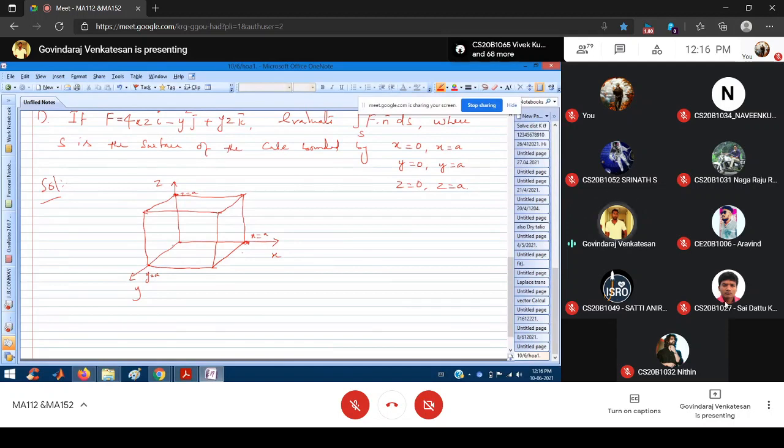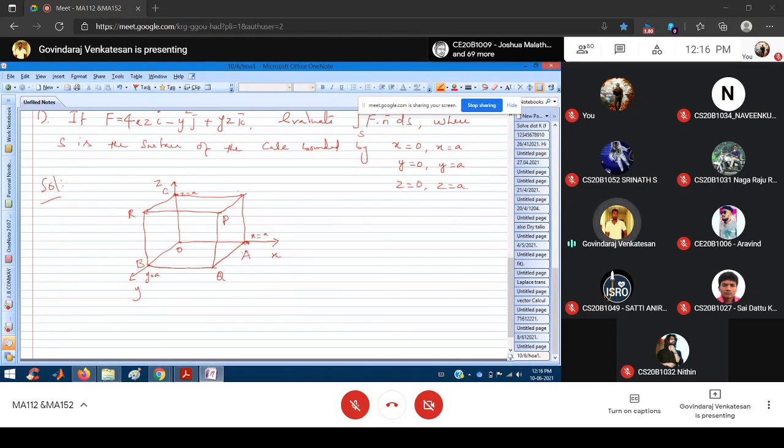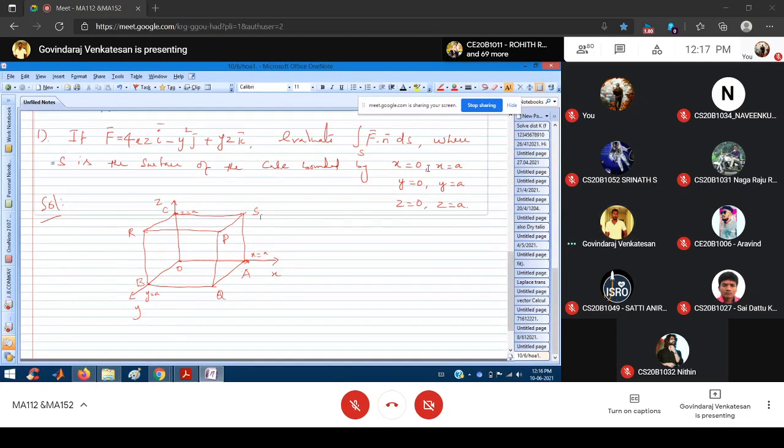So this is the origin O. Let me denote the points A, B, C, and this is P, Q, R, and S. So based on the given regions, x equal to 0, x equal to a, y equal to 0, y equal to a, z equal to 0 and z equal to a, this is the cube.